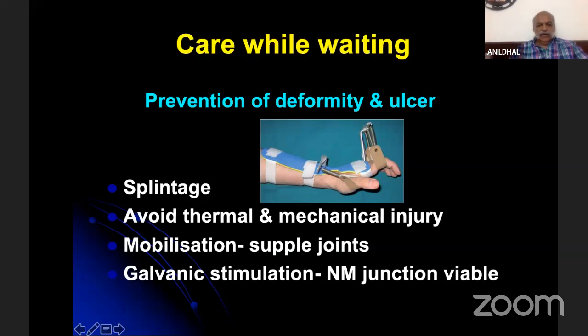The hand needs to be protected, and mobilization is needed just to keep the joints supple. And last but not the least, galvanic stimulation, because the neuromuscular junction tends to degenerate if it is not stimulated. This is the most important interface between the nerve and the muscle, and if this is degenerated, even a recovered nerve will not be able to produce function in the muscle.